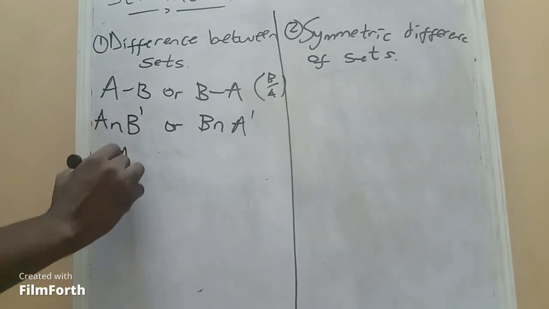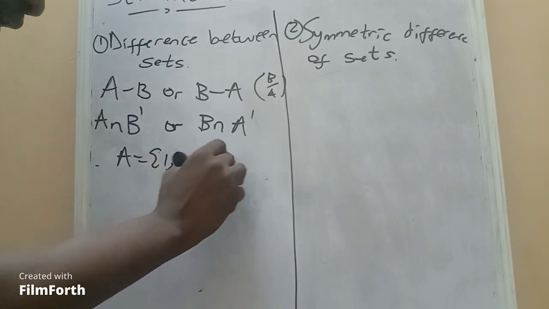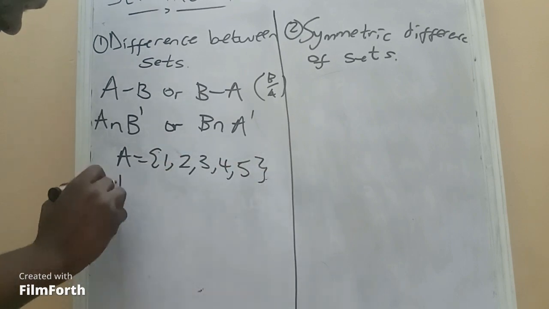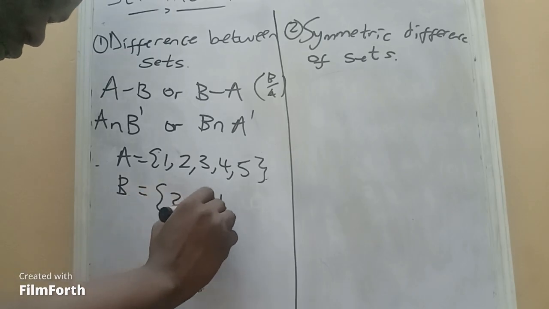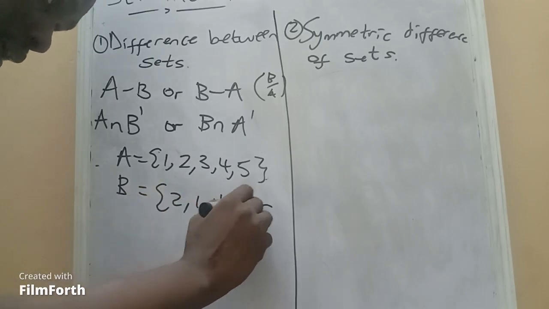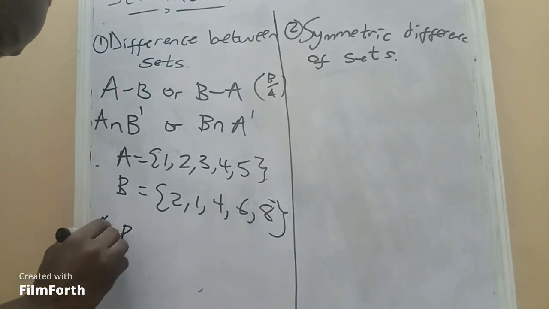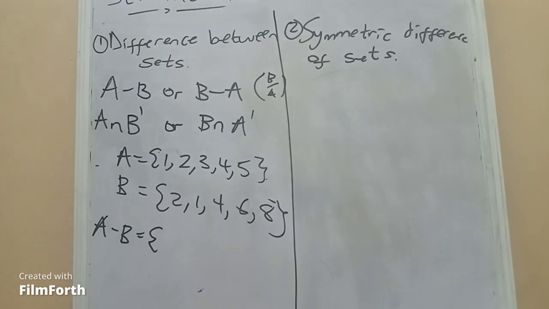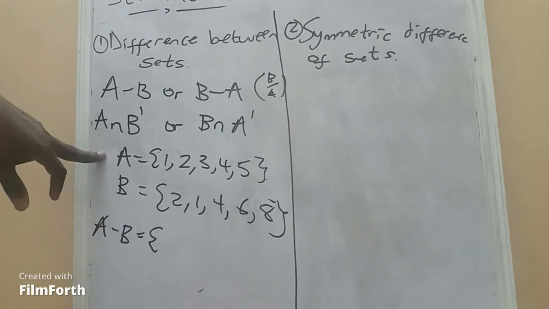Let's assume we have set A to be 1, 2, 3, 4, and 5, and set B is 2, 1, 4, 6, and 8. And you are asked to look for A minus B. A minus B means subtract the elements that are common in A and B. Take away the elements common in B from A.